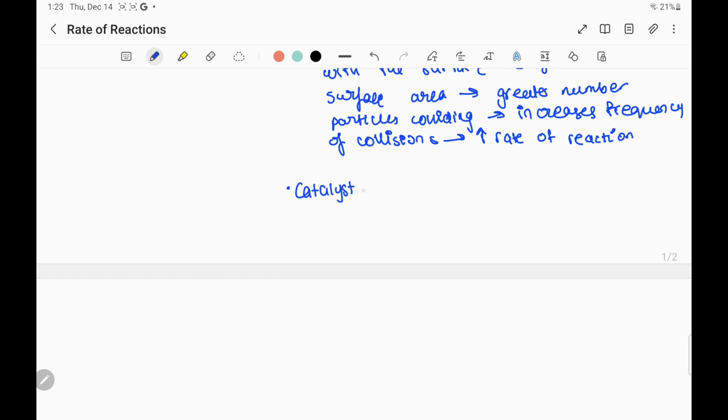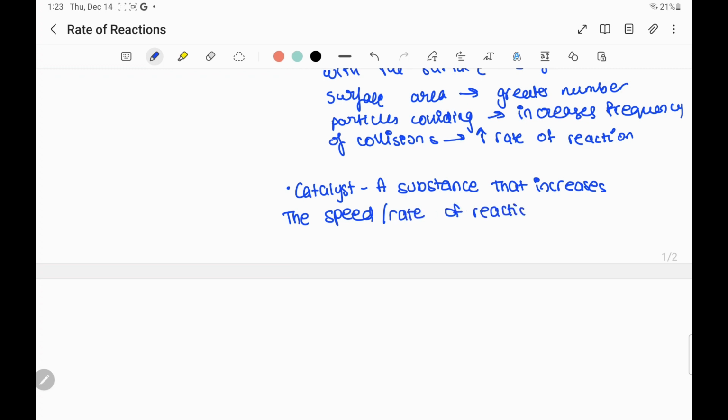The definition of a catalyst, and this is important because it has come in your exam paper, is that it is a substance that increases the speed or rate, whatever you want to say, of reaction.